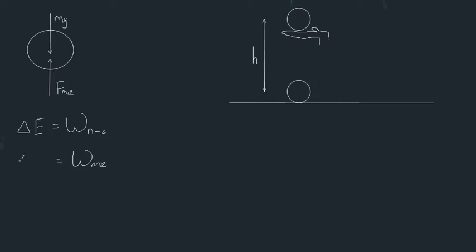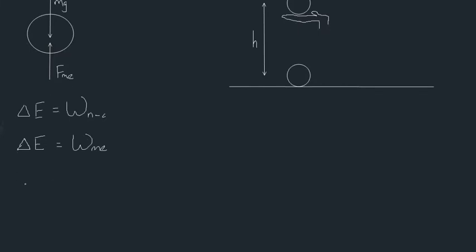So let me write this down on the left-hand side, leaving it unchanged for now. I don't want to skip too many steps. The left-hand side, the change in mechanical energy, is going to be the work done by non-conservative forces, which is the work done by me. So if I scroll down a little bit more, I can rewrite the change in mechanical energy as the change in kinetic energy plus the change in potential energy, which can also be written as the change in gravitational potential energy, sometimes denoted as U, plus the change in elastic energy.